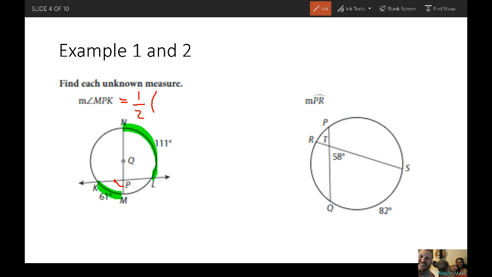So again, we'll use the arc of KM plus the arc of LN. Once we do that, we're going to have this equaling 1/2 of 61 degrees plus 111 degrees.